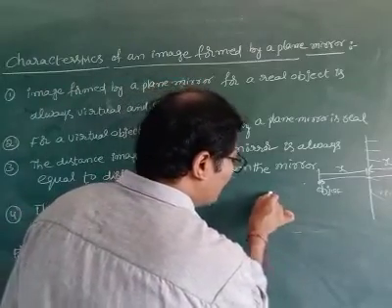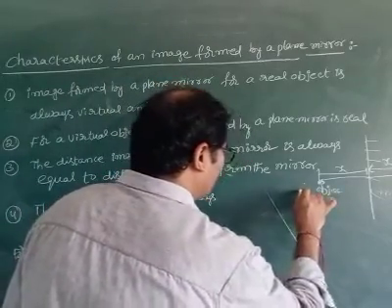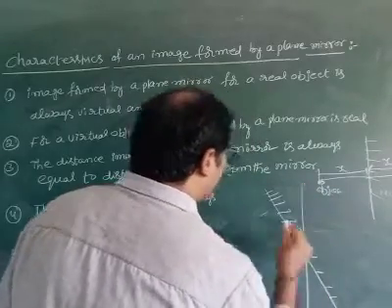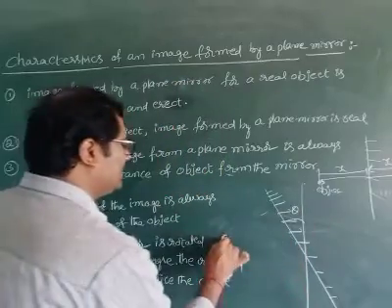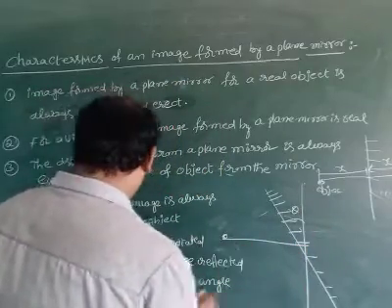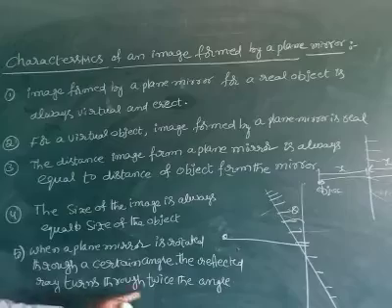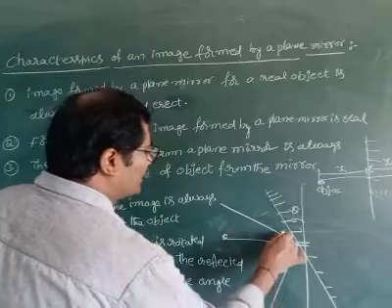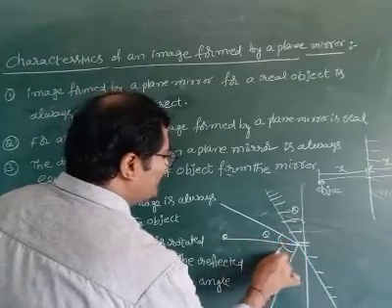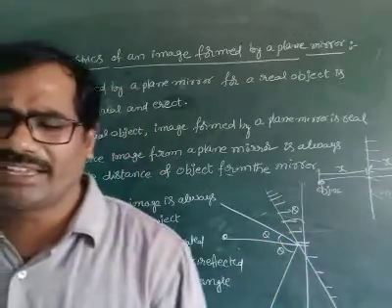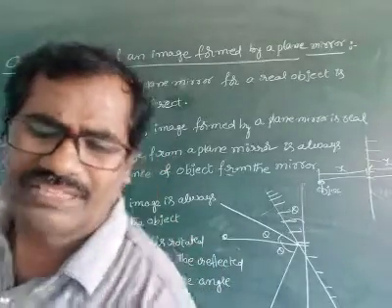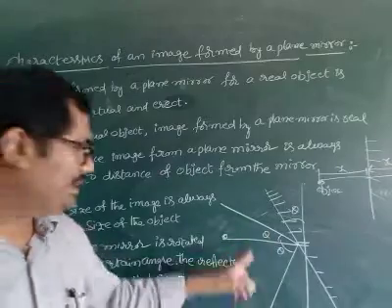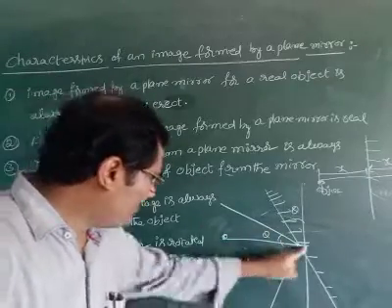It is the original mirror, and it is rotated through a certain angle theta. It is a real object. Through a certain angle, the reflected ray turns. That means there is the incident ray and the reflected ray.